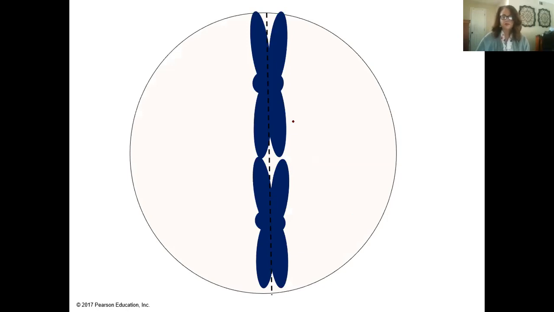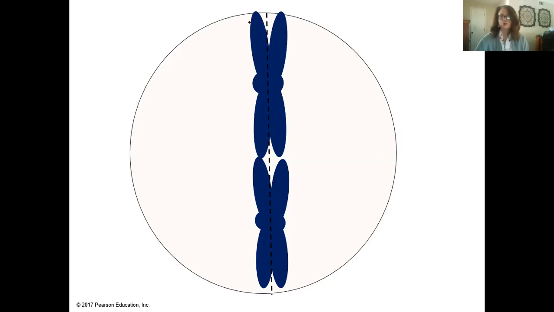So here's a diagram of some shapes that I have put on here. Here's my imaginary cell. Here's a cell that has 2 chromosomes. They're aligned along an imaginary plate at metaphase. The reason I put this here is to suggest that it would be helpful for you to be able to make your own drawings. I didn't include the spindle here, but that would have been helpful. Be able to make your own drawings of each of these phases. And if drawing is difficult, what I often do is cut out these shapes.